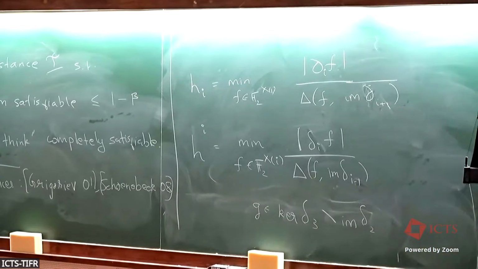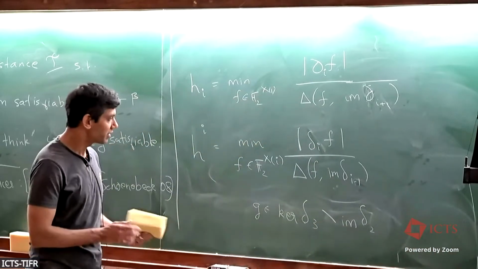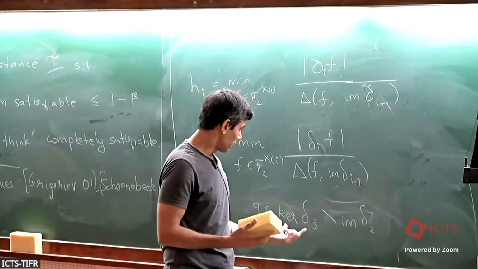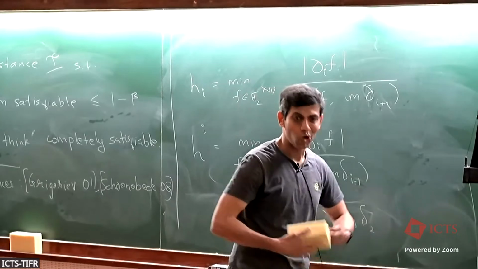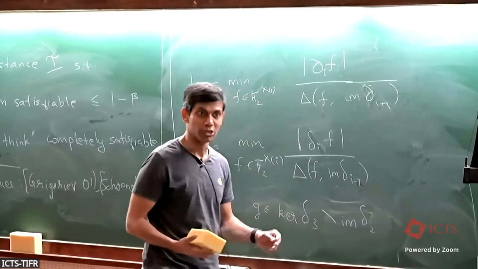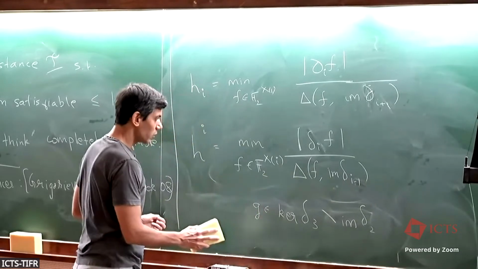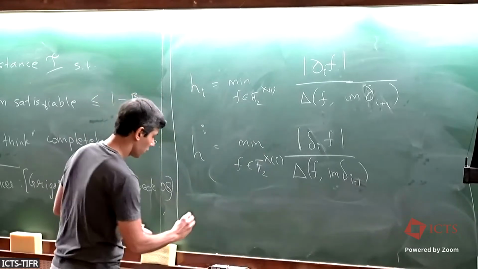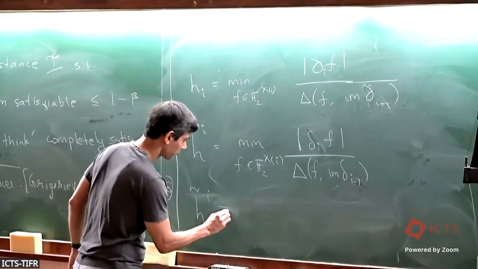That sort of situation is basically a non-trivial kernel for this delta 3, not just the image of delta 2. Equivalently, the quotient of these two is called the cohomology. So there is a non-trivial cohomology. And when there is a non-trivial cohomology, the better definition, where sometimes the same notation is used, I'm just going to put tilde.